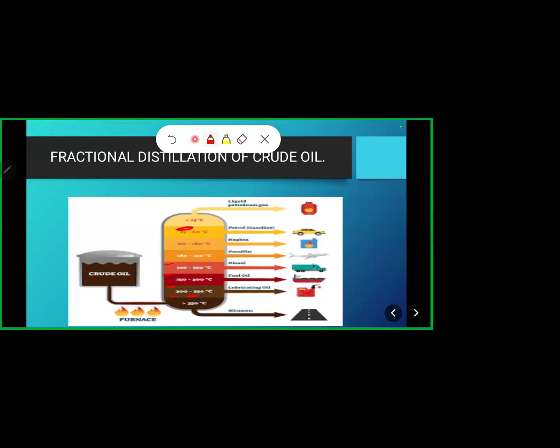So if they're in vapor form, they will move to the upper trays. But you realize that as you go down the trays, since they are hotter, the heavy components settle on those trays that are below. So the first one given off is natural gas.